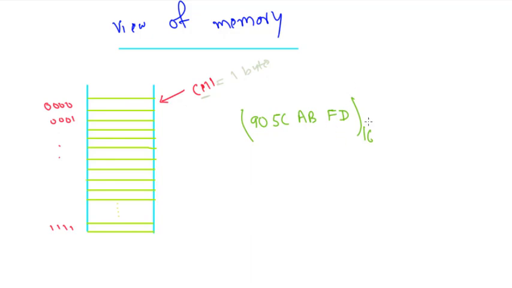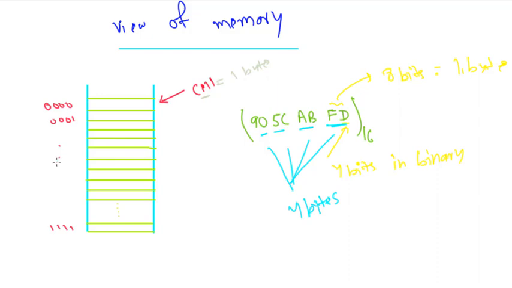This is in hexadecimal notation, and in hexadecimal notation each digit represents 4 bits in binary. Hence these 2 digits are nothing but 8 bits, that is 1 byte. And I have such 4 pairs. So this is the integer of 4 bytes.